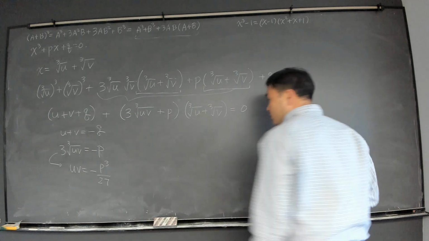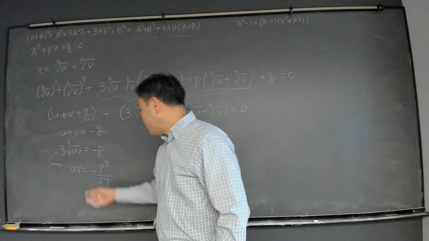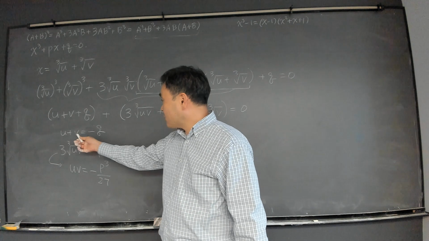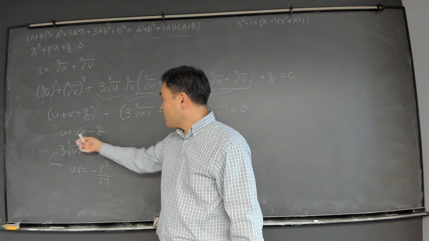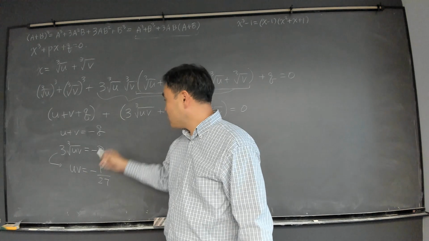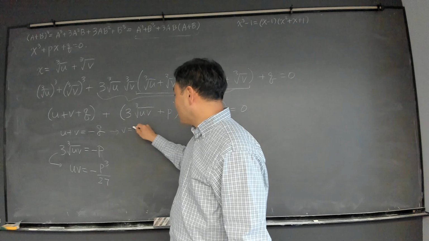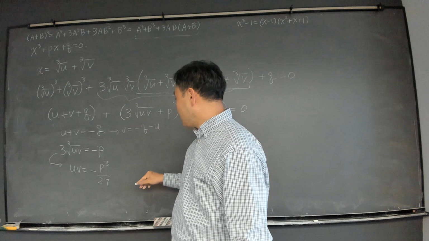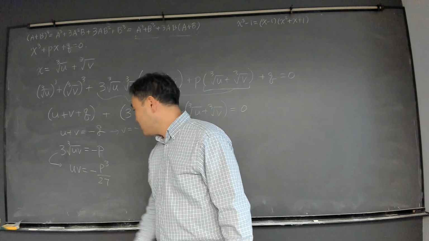The way you solve this is by simply solving for one of them and plugging into the other, right? So just say v is equal to negative q minus u, and then plug that in here.